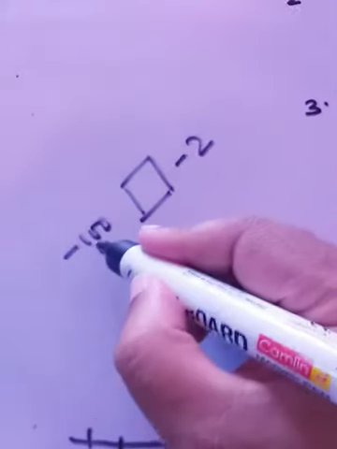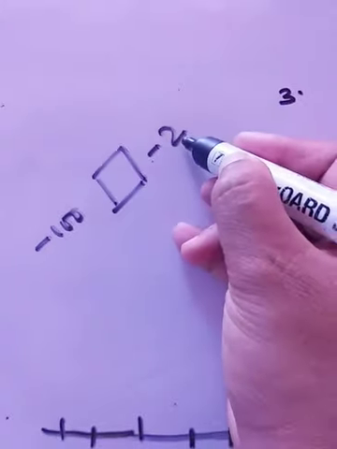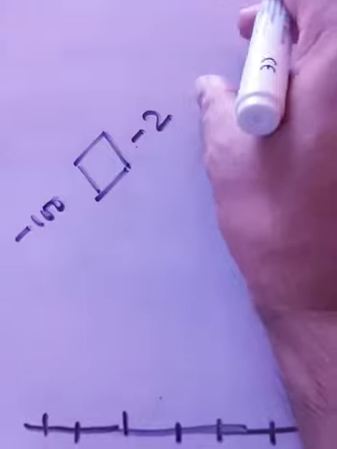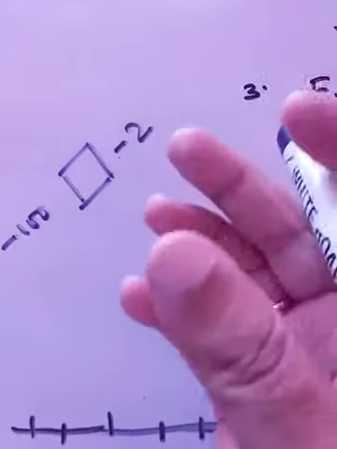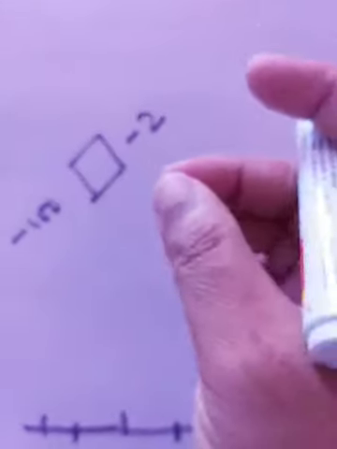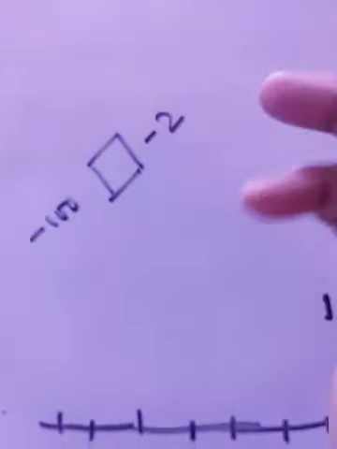Minus 2 is much closer to 0. In negative integers you have to always see which number is very close to 0. That number would be the greatest, the larger number.